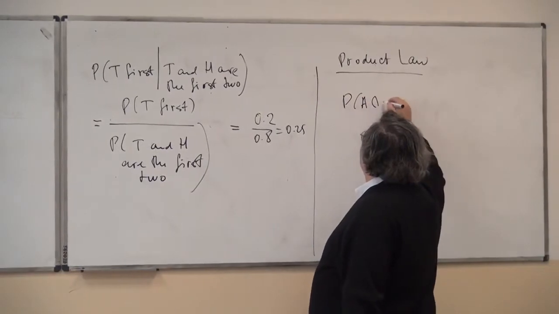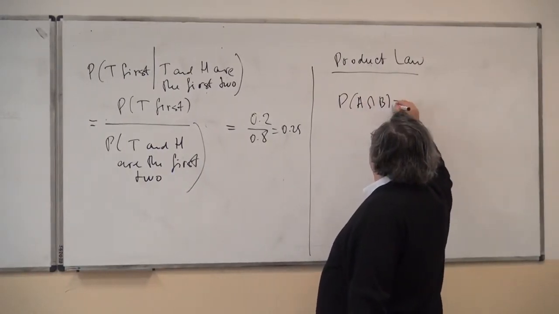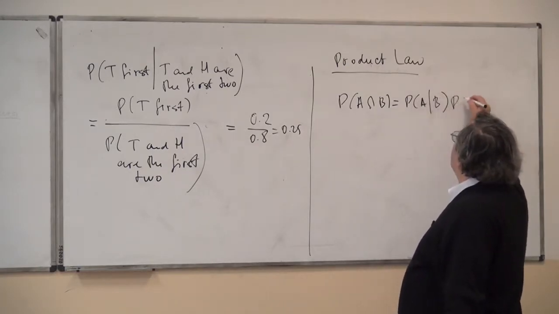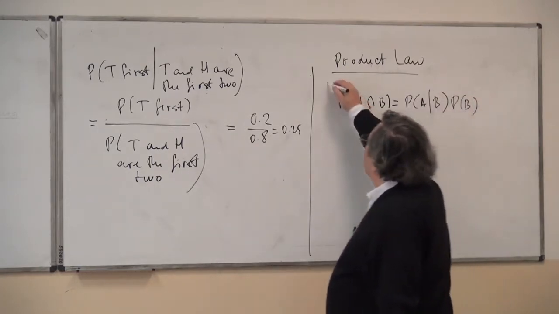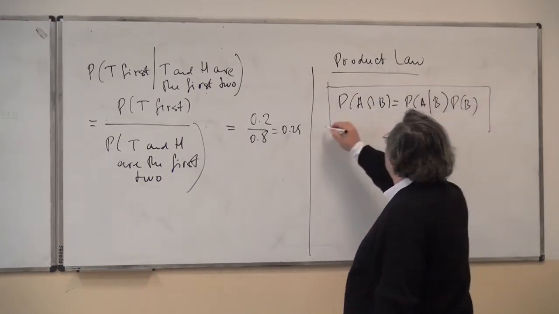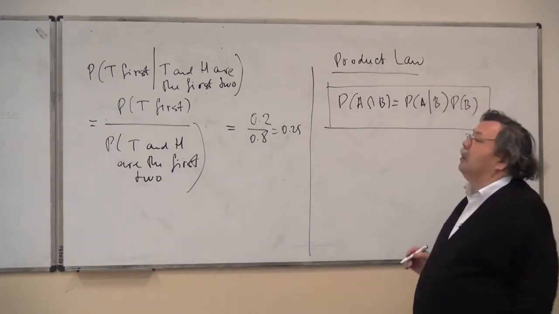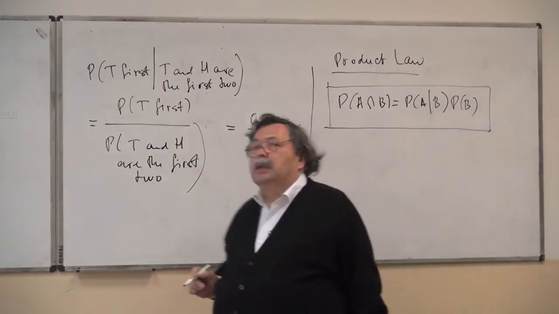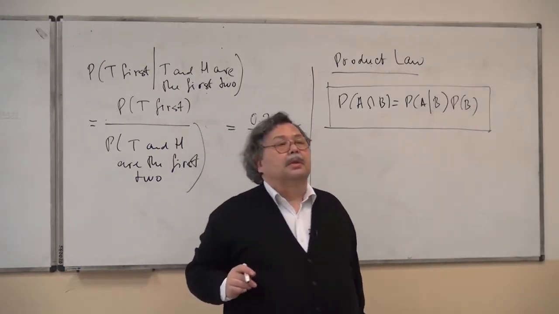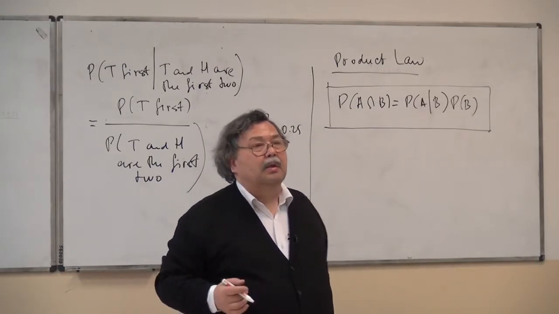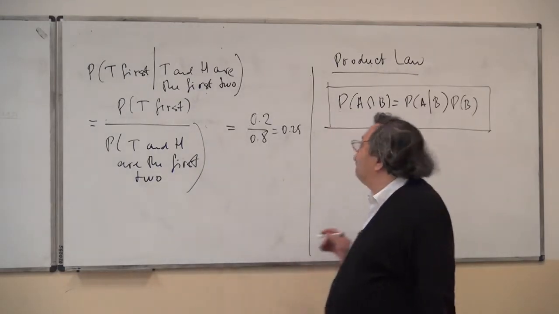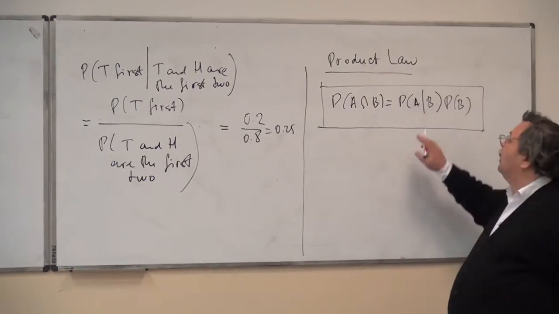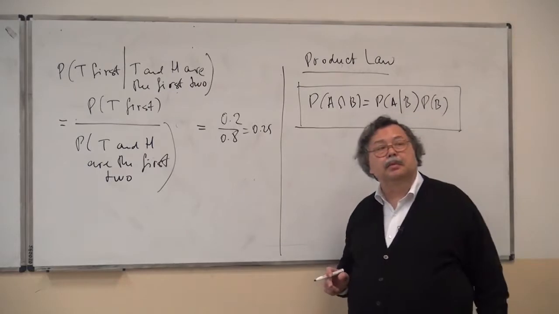Probability of A intersect B equals probability of A given B times the probability of B. And this is a very important formula. It's called the product law. It's the formula that allows us to compute the probability of the intersection of two given events. Please notice that the right-hand side here contains the conditional probability, P of A given B.